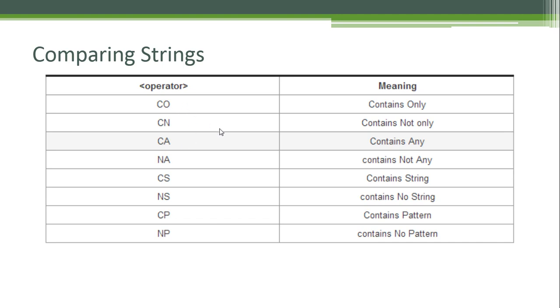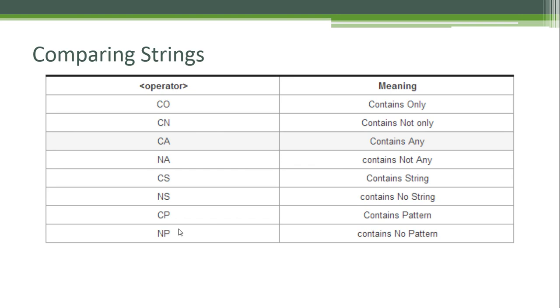You can use the CN operator, contains not only. CA contains any character or set of characters that you specify. NA contains not any. CS contains string and you specify another string.